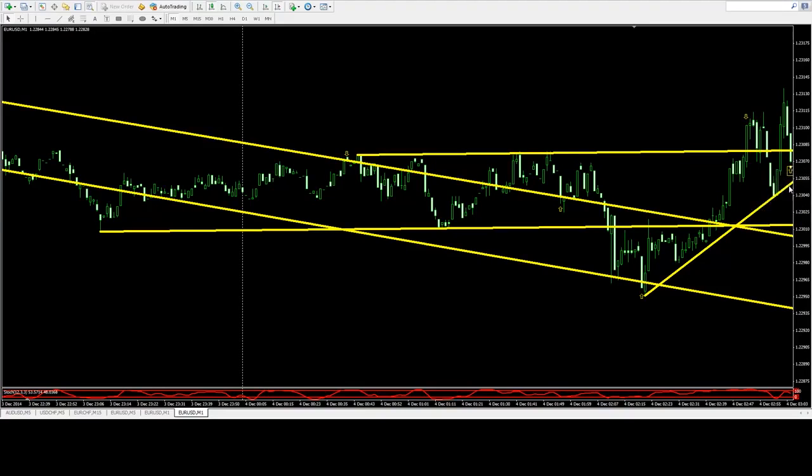It still has the potential to move lower. So if you're impatient and you want to place the trade, then you place it here on the re-break. But if you want to be more secure, you would probably want to wait until the price touches maybe this level here. So let's see what happens.